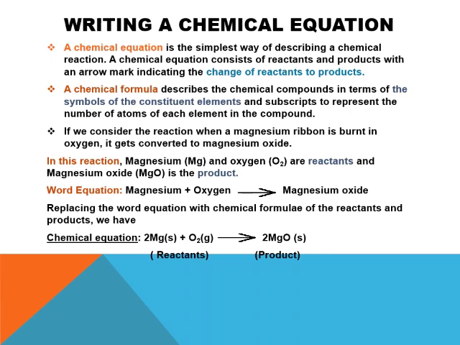But by replacing the word equation with the chemical formulas of the reactants and products, we must write Mg plus O2 gives MgO, where Mg and O2 are the reactants and MgO is the product.